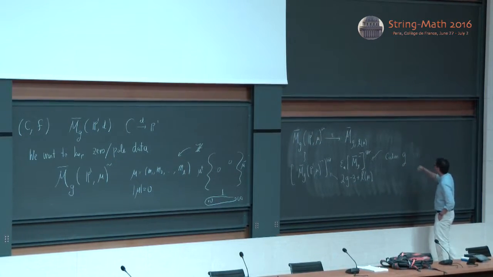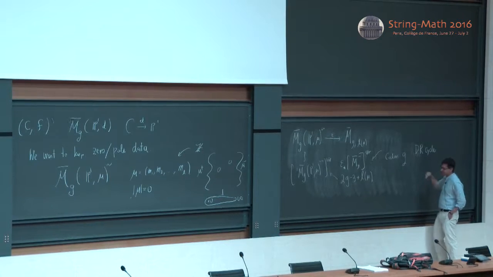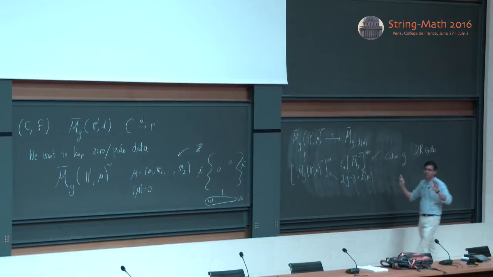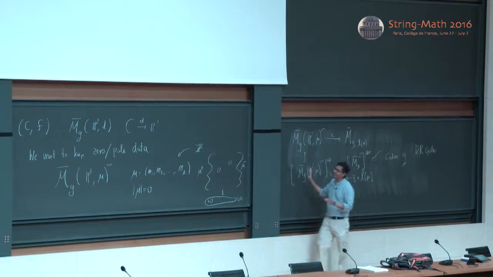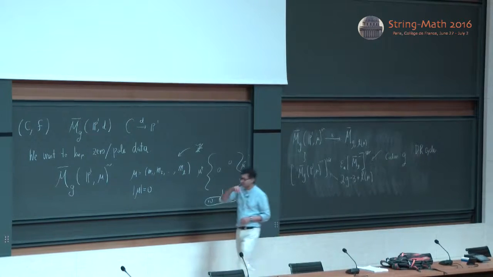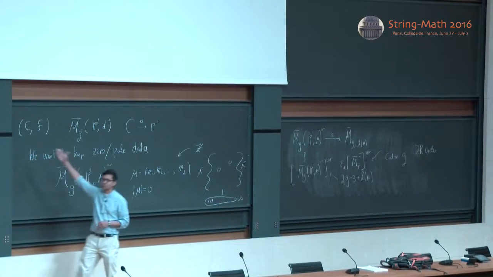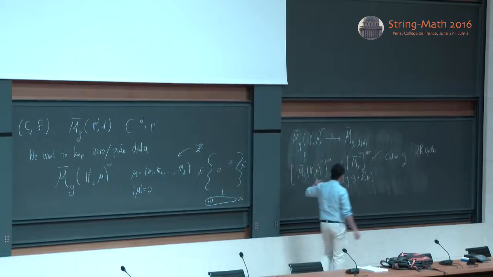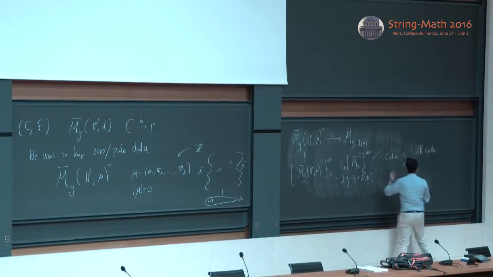And this cycle class is called the double ramification, or DR, cycle. And it comes up in Gromov-Witten theory, and there's a discussion of this that's very similar to what we're talking about in this talk, but actually it's not the subject of this talk. The subject of the talk is the analog in the case of the differential form, or higher differential form. But this is a theory that's also probably better known.